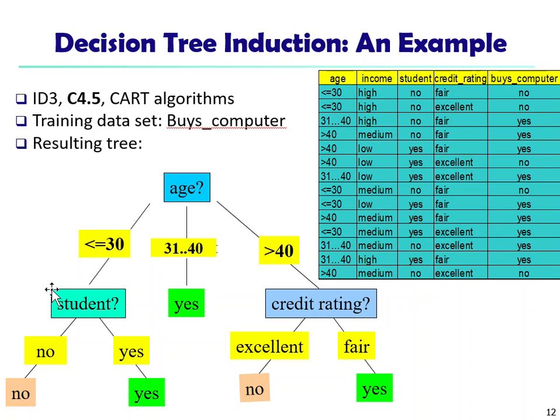So now we're dealing with the same problem. We need to find an attribute to further divide the data, but our problem is smaller because our training examples are cleaner at this node, because all the individuals at this node have an age of less than 30, okay? So this is recursive.